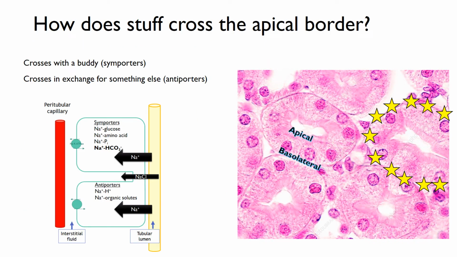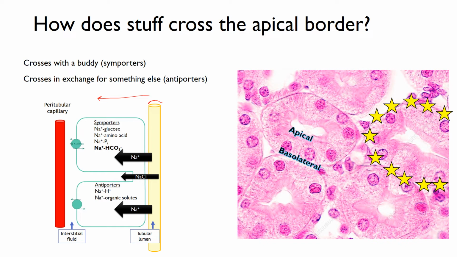We will now begin to discuss some specifics. Going back to our steps, the first step is to get reabsorbed, something has to cross the apical border, meaning it's going to move from the lumen side, or you could say the primitive urine side, which is what this yellow tube on the left graphic is depicting. It's going to cross the cellular compartment and then move towards the blood, which is what this red tube on the left is depicting.